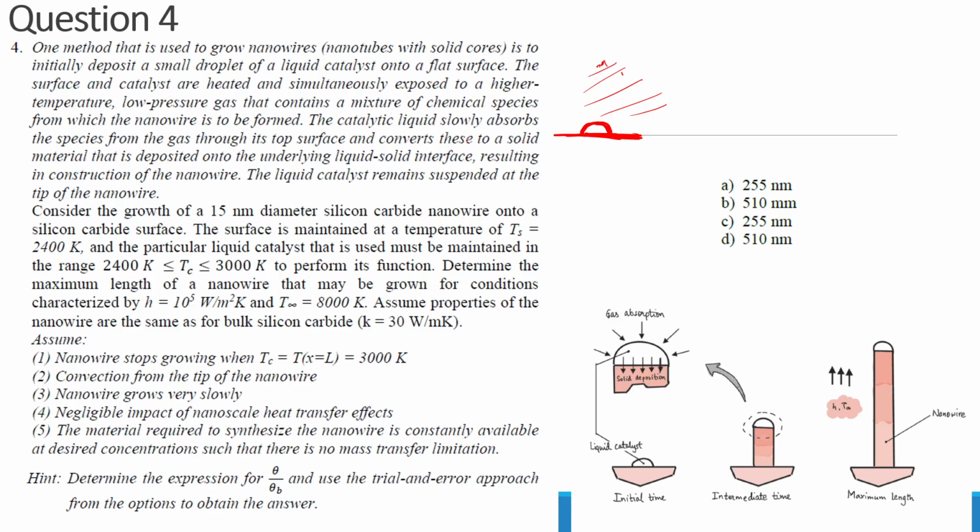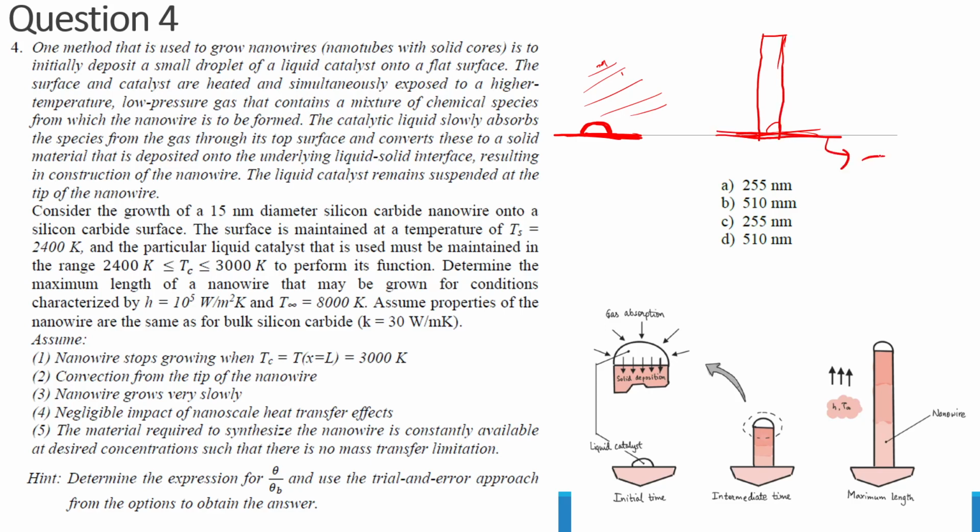The catalytic liquid slowly absorbs the species from the gas through its top surface and converts this to solid material that is deposited onto the underlying liquid solid surface, resulting in the construction of the nanowire. So yes, the reaction will occur, and ultimately these particles will get deposited on this catalyst in order to form such a kind of nanorod, a nanowire.